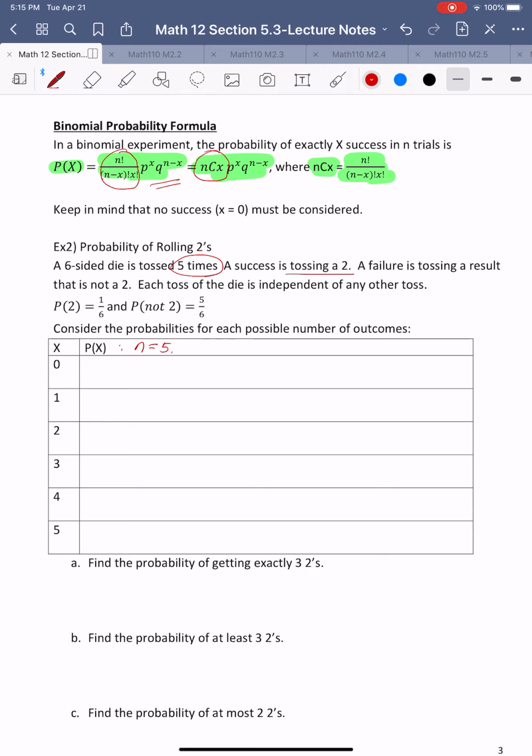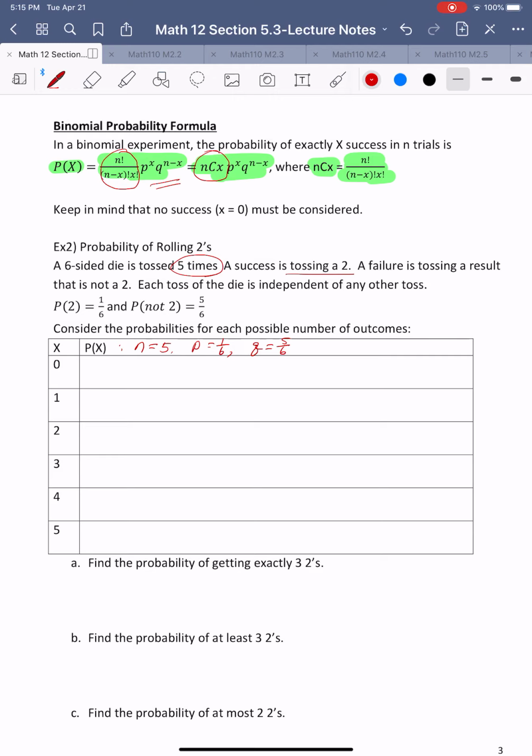And p, the probability of a 2, is 1/6. Then q is 1 minus 1/6, which is 5/6. Let's start from here.